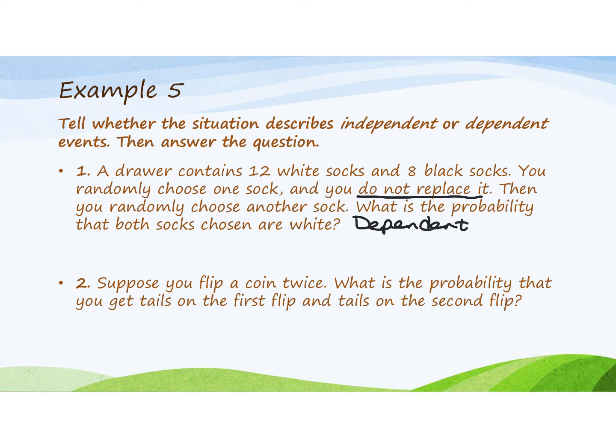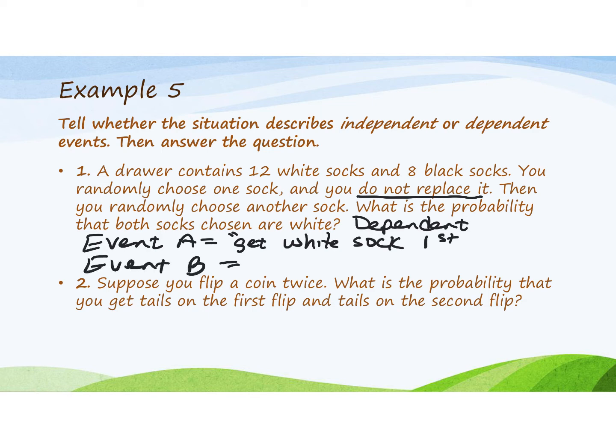Now I'm going to come over here to the side. Now I'm going to identify my two events. Event A is going to be that I get a white sock the first time I choose it. So I'm getting a white sock the first time. Then event B is going to be getting a white sock on the second try.